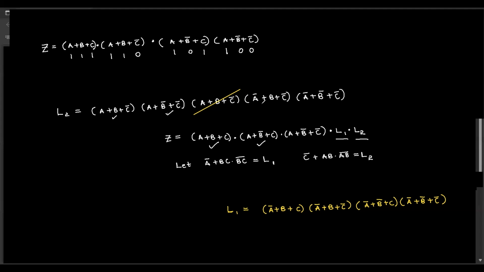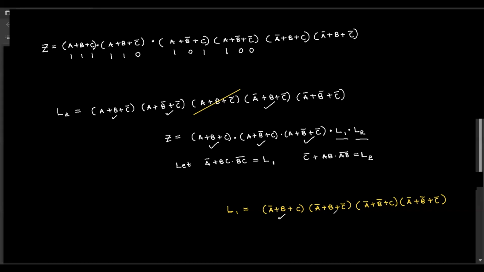Now, what do we need? Well, we need A bar. What is A bar? A bar plus B. Here we have A bar. Oh, we have this also. I think it's repeating, so we don't have to write it again and again. Now we have to check for A bar plus B plus C. Yeah, we have. So A bar plus B plus C, that is done. Now we have A bar plus B plus C bar.